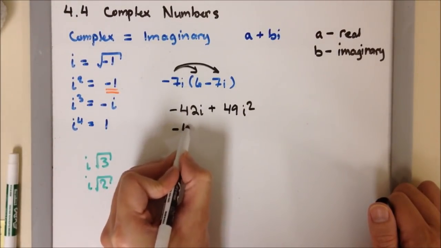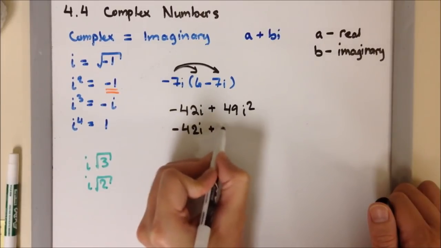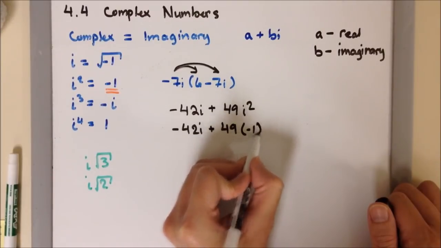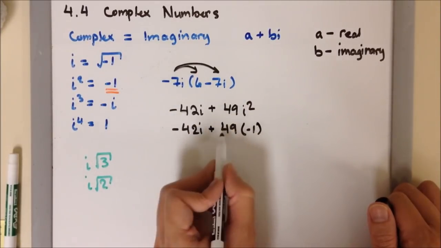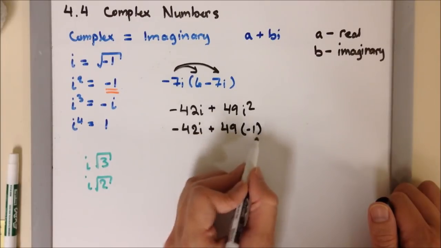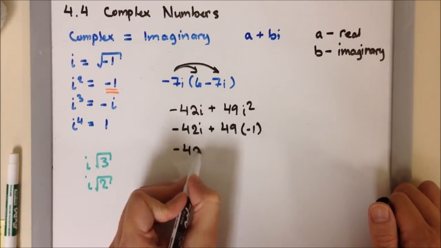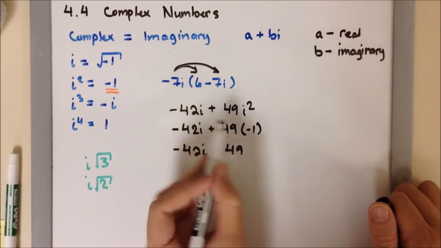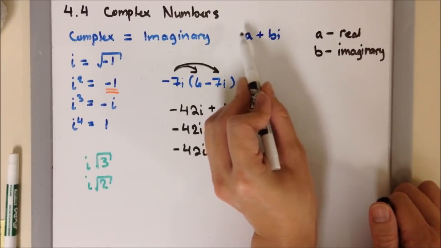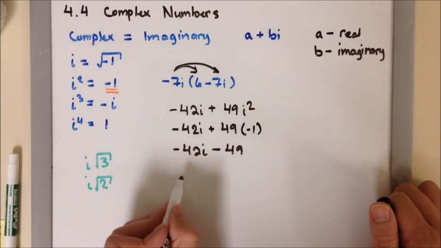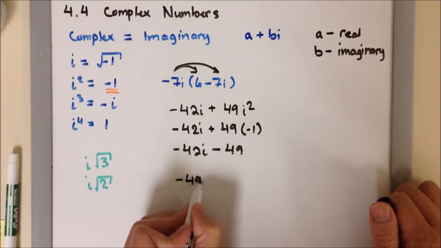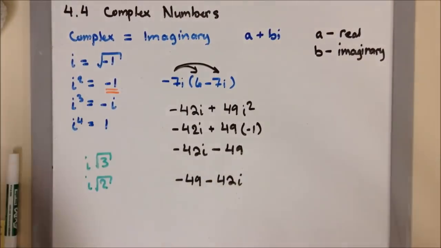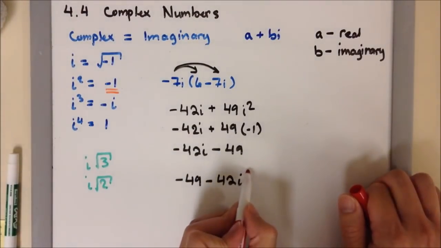So the negative 42i stays the same, plus 49 times negative 1, which will be negative 42i minus 49. Now remember, you have to put your final answer in this form: real number comes first and then imaginary. So it will be negative 49 minus 42i. That will be my final answer.